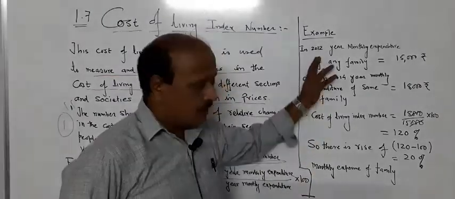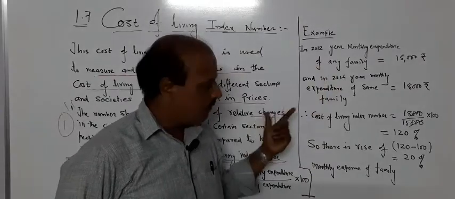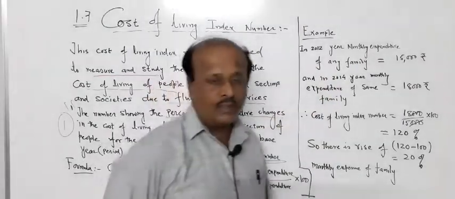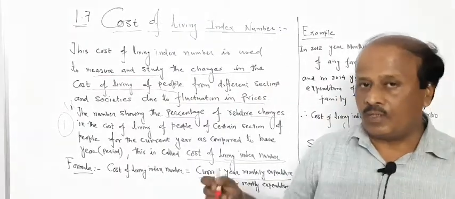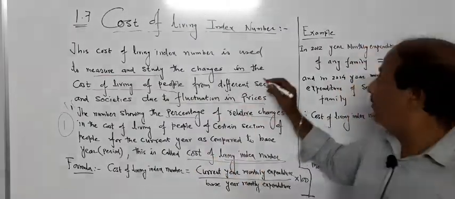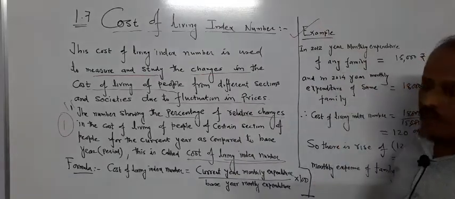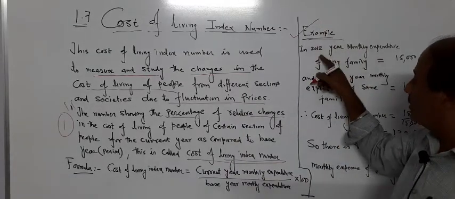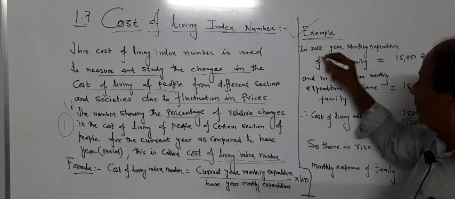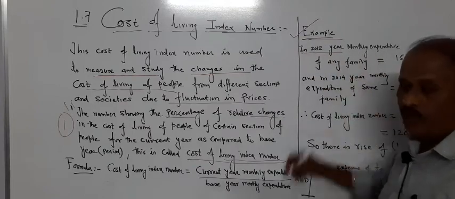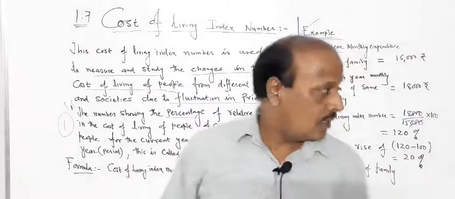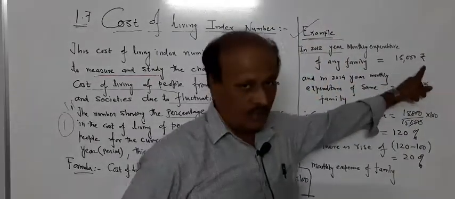Now, I am going to support this particular topic with the help of an easy example which is given in your book. Then in the exercise, we'll do this type of question afterwards. So one example I picked up from the textbook. In the year 2012, the monthly expenditure of a selected family is 15,000.